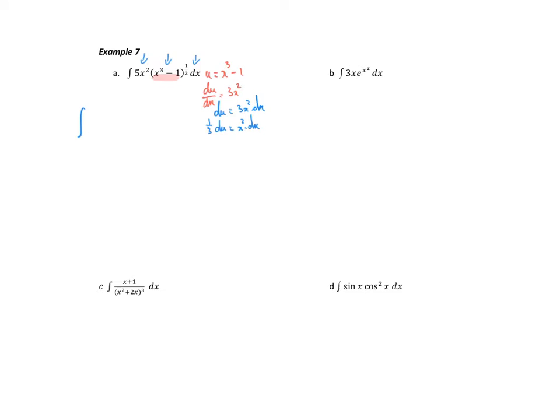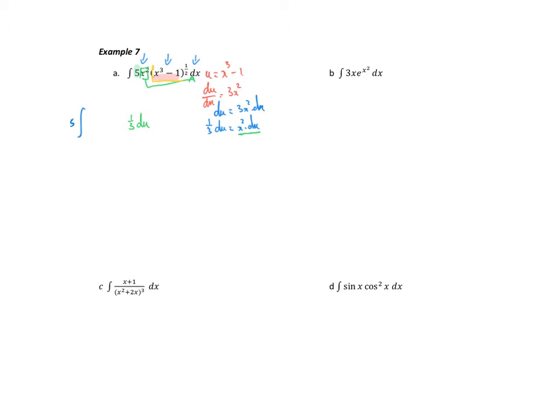So now, let's have a look at this function here that's all in terms of x. That 5 can be a constant out the front, just a constant. x squared dx is there, and that's equal to 1/3 du.